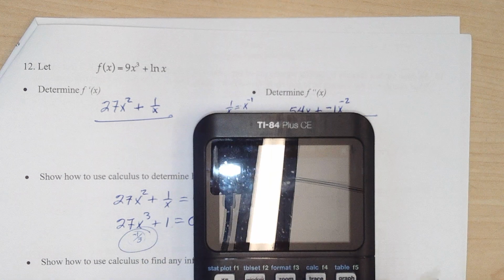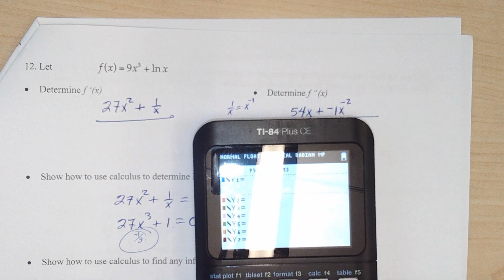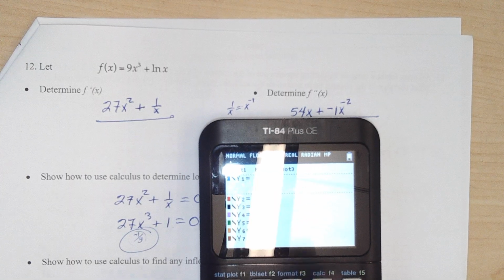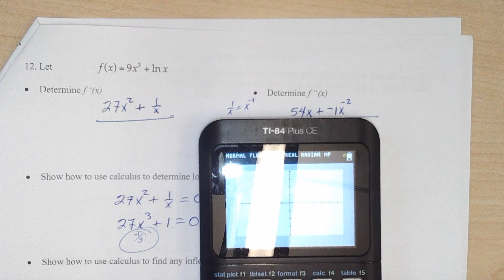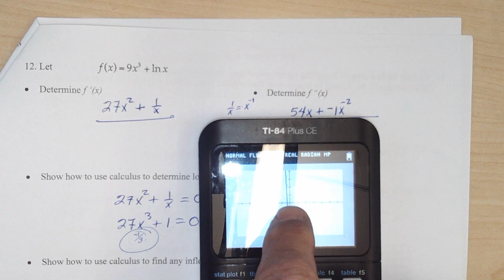Now, if you don't know how to do that, you can also kind of get the idea of what it is. If we're trying to get 27x squared plus 1 divided by x, graph, and it's 0 at that place.